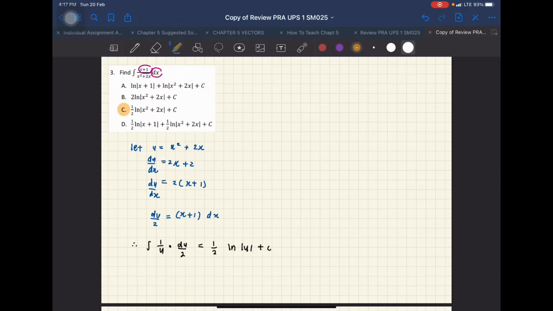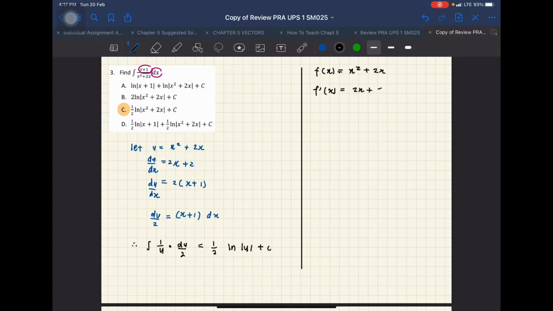This one. Okay, so another method you can use, let me show you one more way. The second method, we use the special case. So we have f(x) equal to x squared plus 2x, which gives you f prime x equal to 2x plus 2.